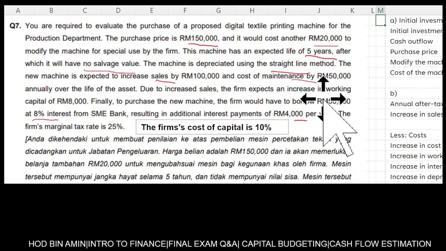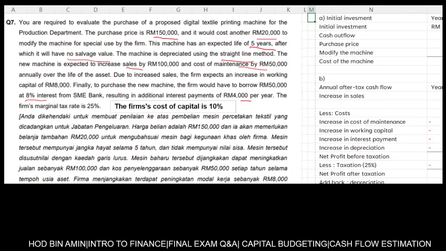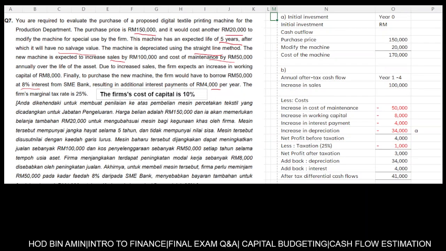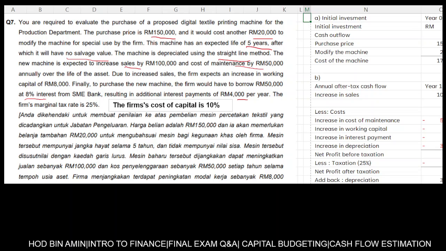Then for this question, this 150,000 falls under initial investment, and this also, the modification of the machine.